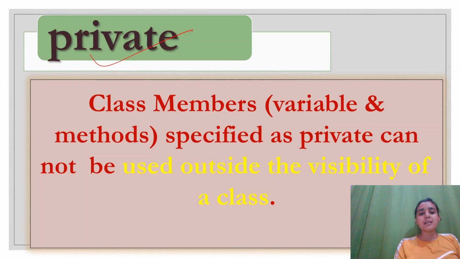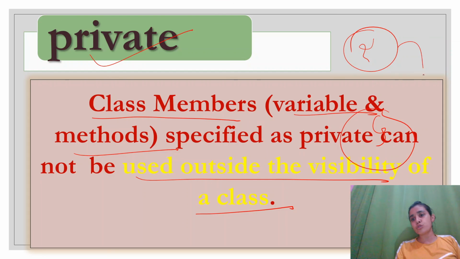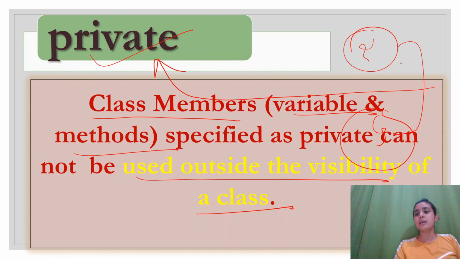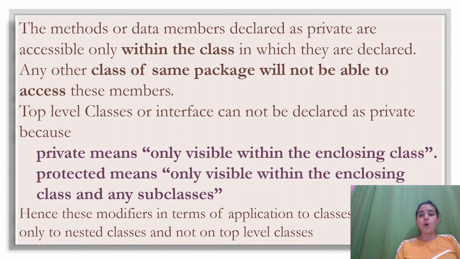Private means the class members, variables, whatever you are declaring, are not accessible outside the visibility of the class. If the class scope is this much only, up to the closing curly bracket, then the accessibility of private is inside these brackets only. Only visible within the enclosing class.